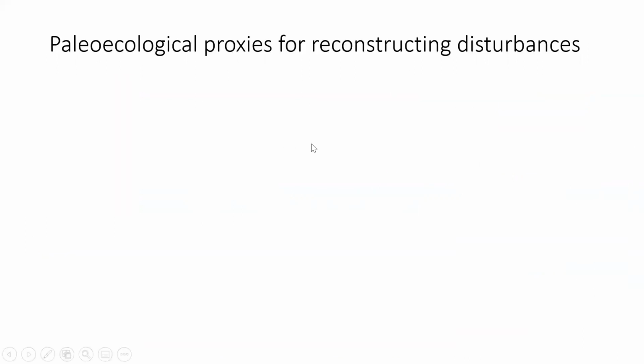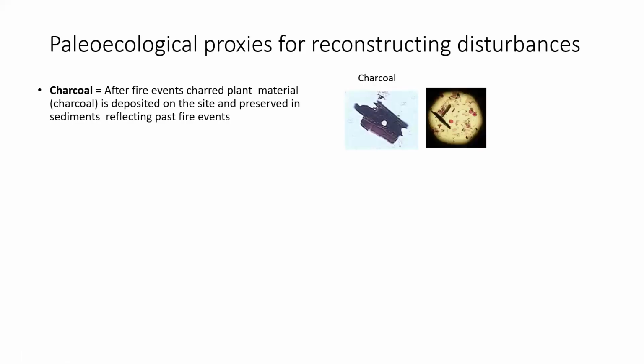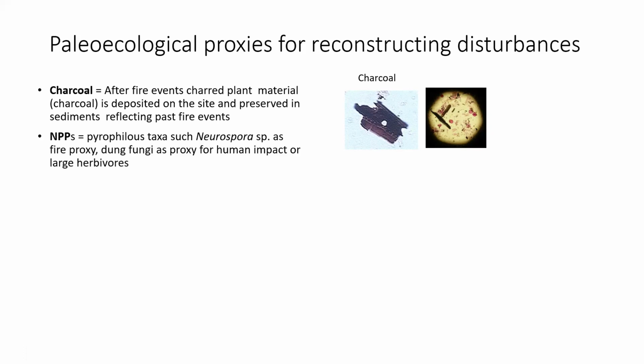So what paleoecological proxies can we use for reconstructing disturbances? Firstly, charcoal. After fire events, there's charred plant material that is deposited and preserved in sediments that reflect past fires. And we can use non-pollen palynomorphs.